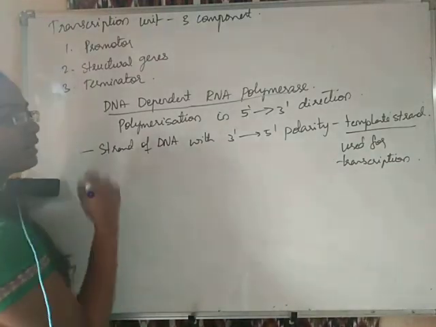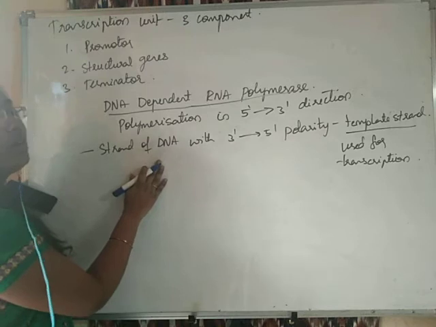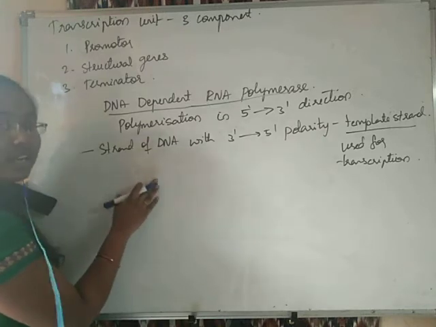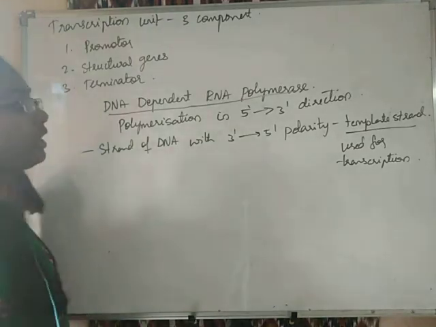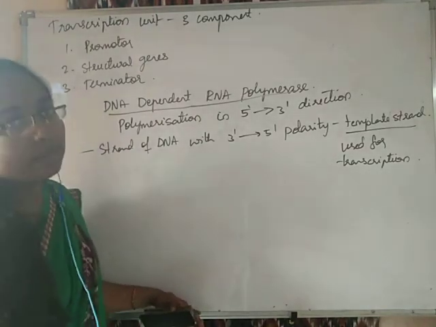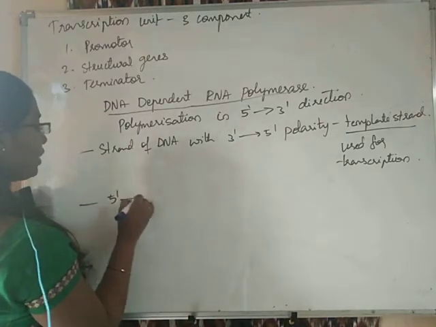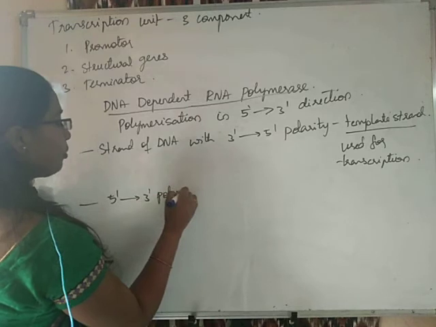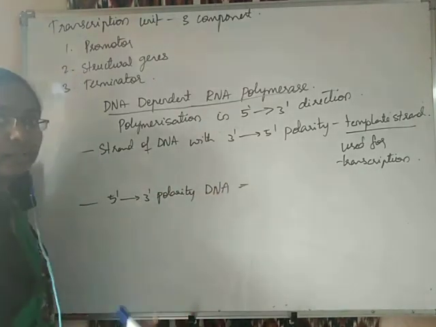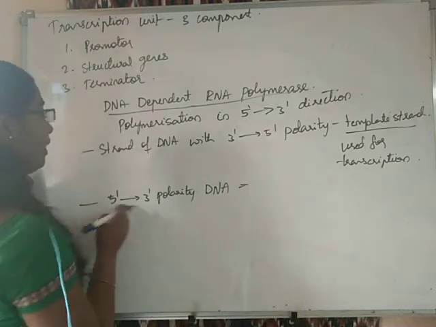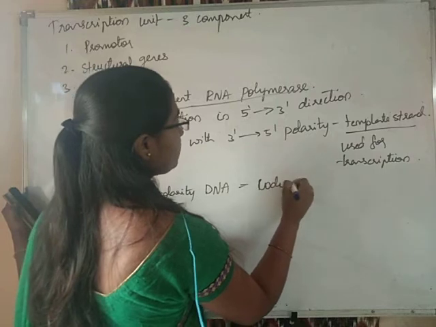Because the DNA is used for producing RNA, the DNA and the RNA will be complementary to each other. The other strand of DNA with 5 to 3 polarity is not coding for any RNA, but still for unknown reasons this 5 to 3 polarity strand of DNA is called a coding strand.